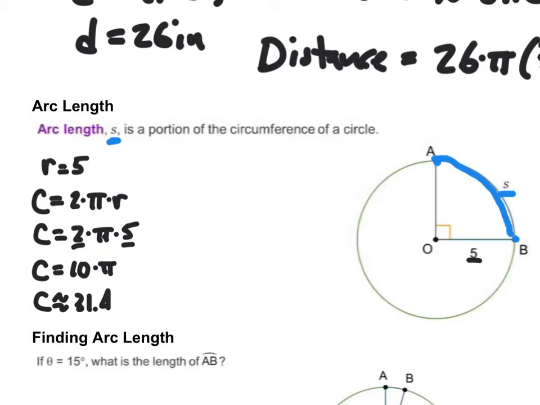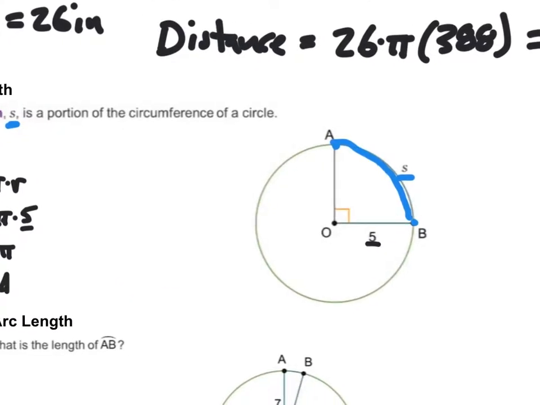I want to show you that in this circle, last section we talked about arc measure, and this is different than arc length. Arc measure had you measure this arc in terms of an angle measure in degrees. Now what I know is that this arc has a central angle of 90 degrees.